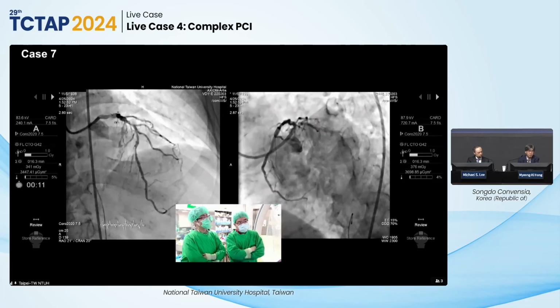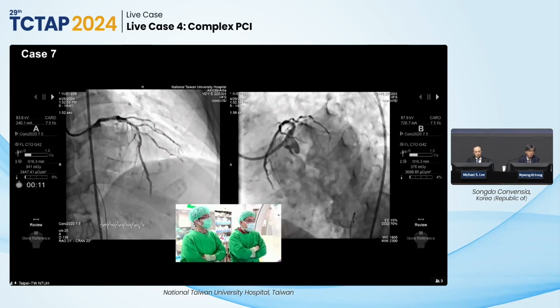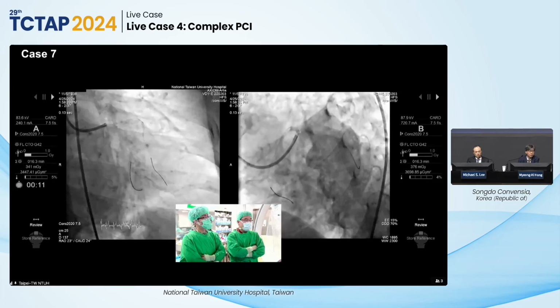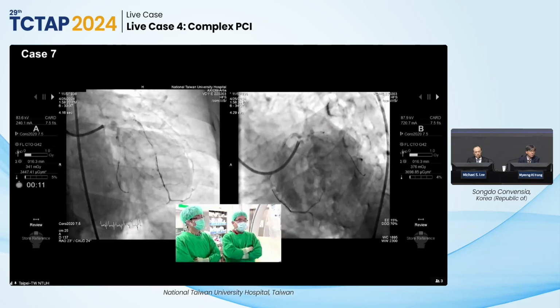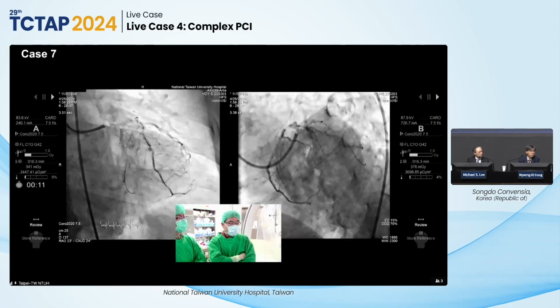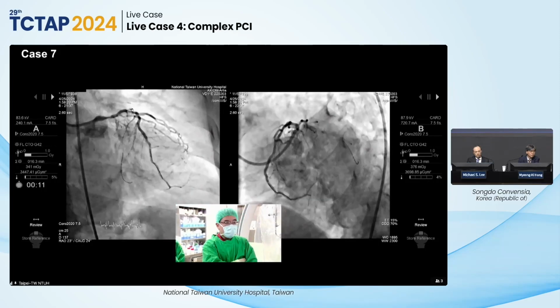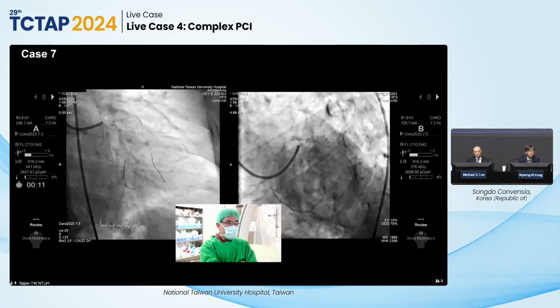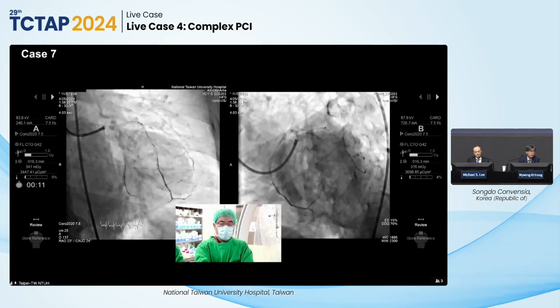Let me quickly brief you on what we have done. We sent a wire into the LAD and a pressure wire down to the circumflex. Because I like to keep that pressure wire in the circumflex, I want to do a simple crossover. I will treat and then leave the wire in the side branch to measure the result of parent vessel stenting.